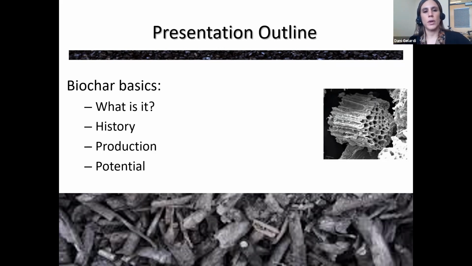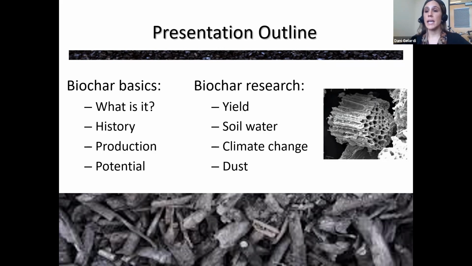So for today, we're going to start with just the very basics of biochar. What is it? What is its history? How is it made? And what can it do for us? And to answer what can it do for us, we're going to review some of the recent research that's come out of the Soil Environmental Chemistry Lab at UC Davis. And that's where I work along with many of my colleagues under the direction of Dr. Sanjay Parikh.